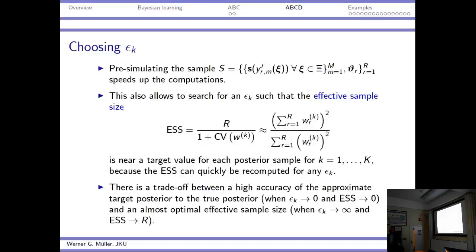Another question is also how to choose the epsilon, how to choose what is a small enough neighborhood. Of course, you could fix the epsilon at some value and just let it run. That's what we did at the beginning. Then Marcus said it's probably better to use something called the effective sample size, so that you fix the neighborhoods such that you have a certain sample size that conforms to an equivalent number of independent observations.